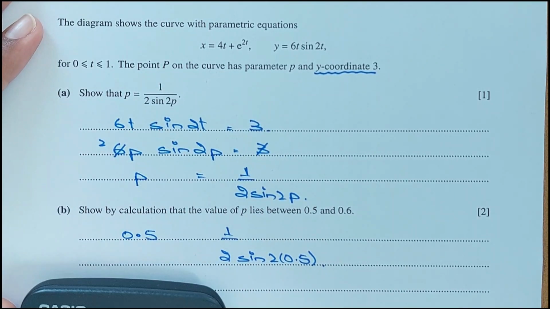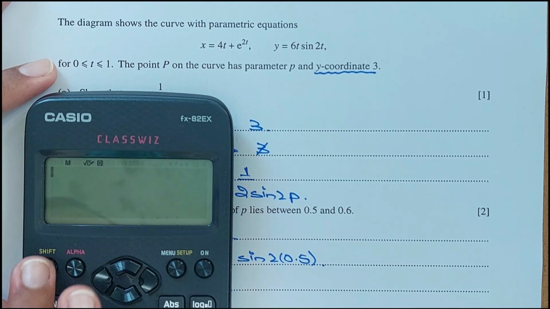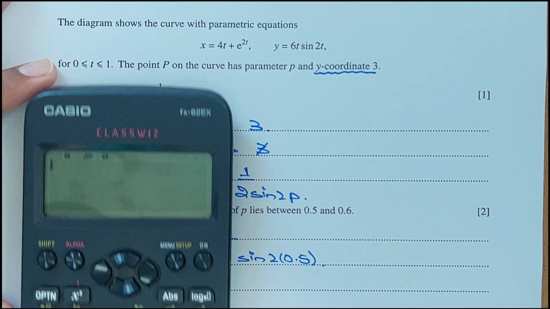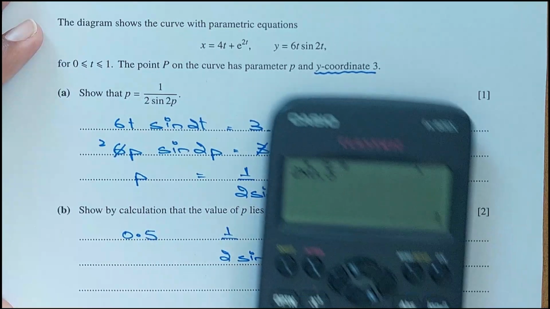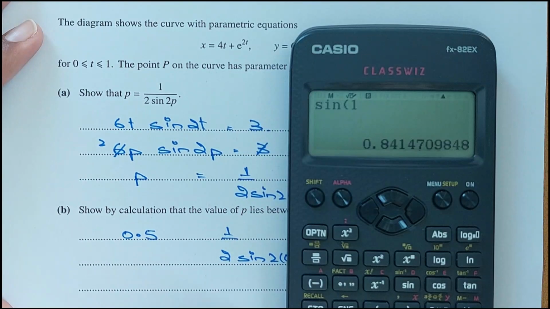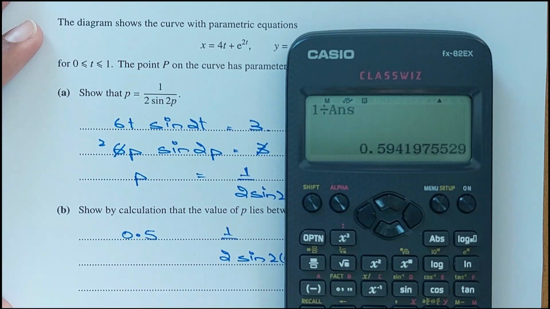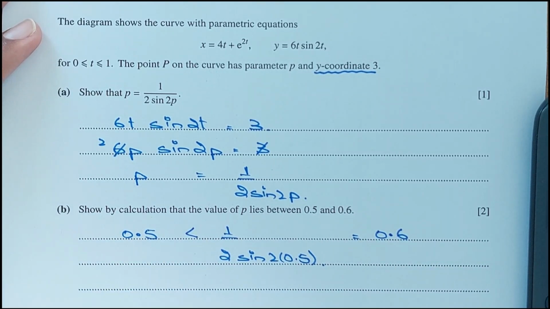In radians we can calculate. 2 times 0.5 is 1, and sine 1 times 2, and the reciprocal is 0.6. So 0.5 is less than 0.6, right?